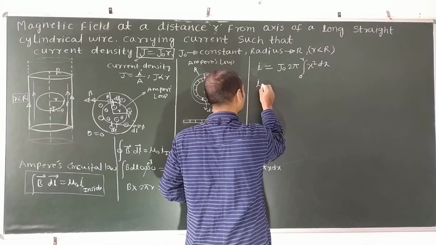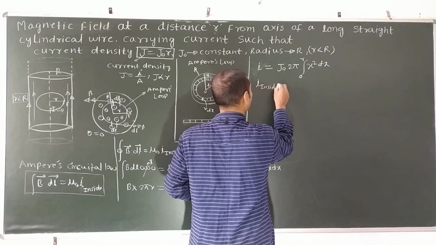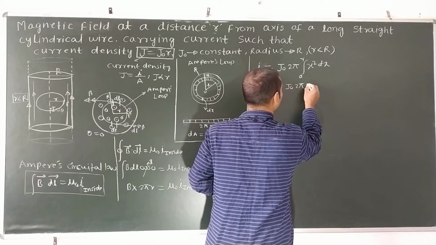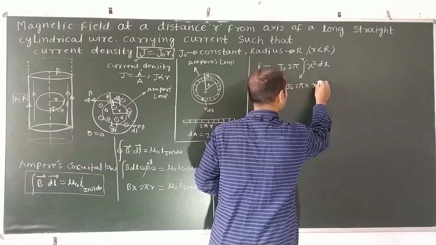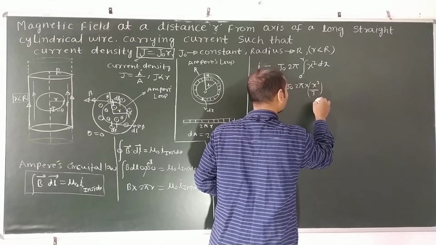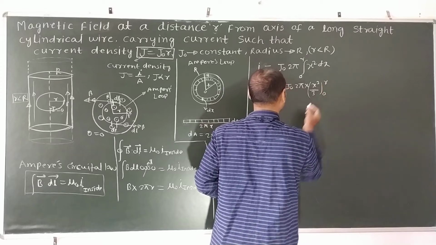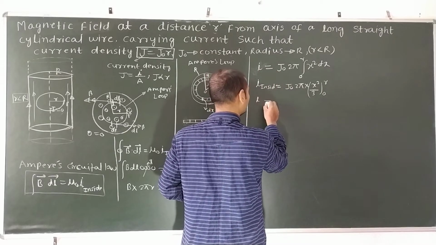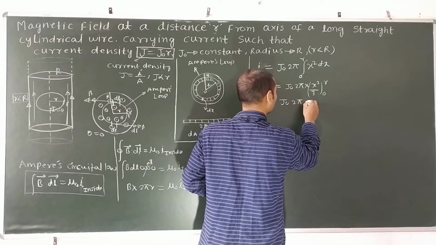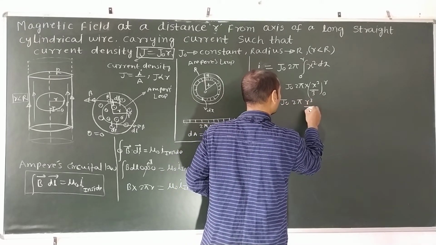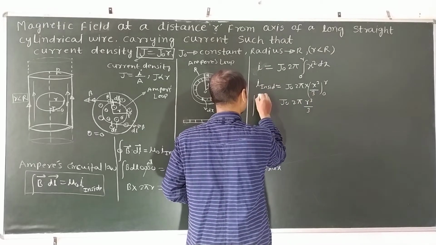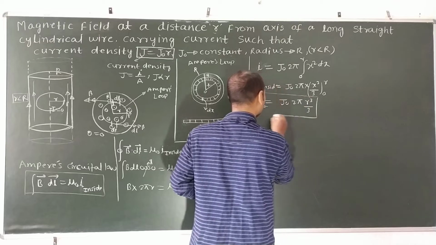So I inside is equal to J naught 2 pi into x cubed divided by 3 from 0 to r. As we integrate, we find J naught 2 pi r cube divided by 3. This is the value of I inside.